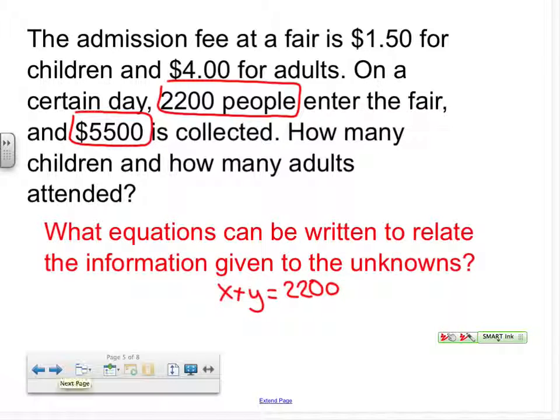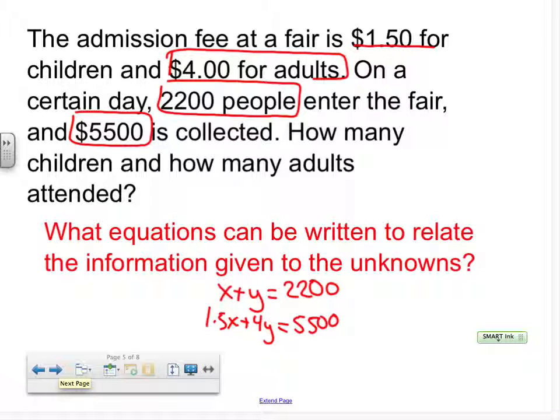Now for money, how much do we collect from each kid? How much do we collect from each adult? Well, it's $1.50 for each kid, so 1.5x, and it's $4 for each adult, plus 4y. And together, that equals the 5,500. So those are our 2 equations.